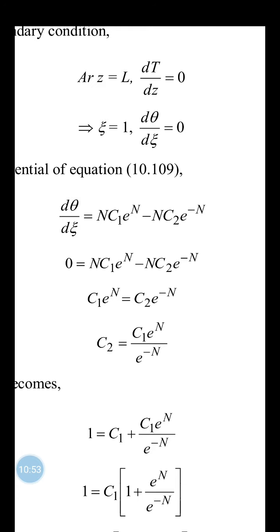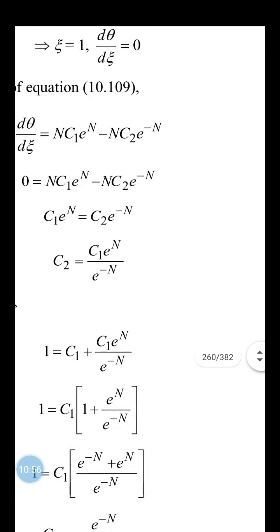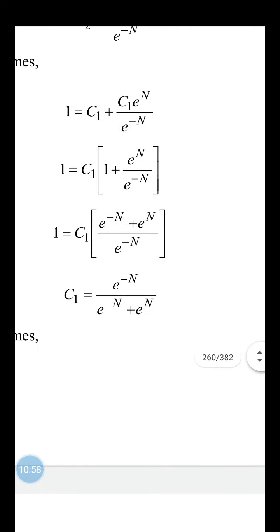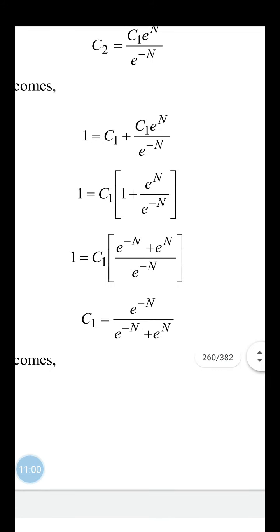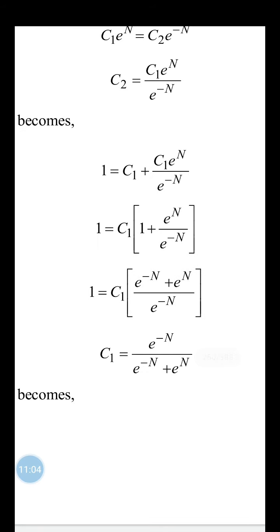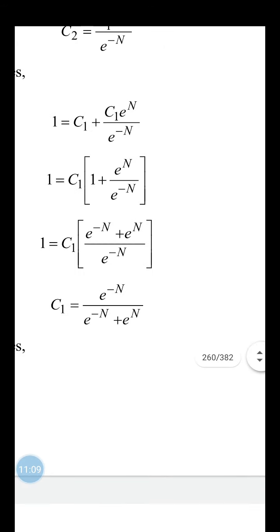Solve this and you will get c2 is equal to c1 e raised to n upon e raised to minus n. Again put this in c1 plus c2 is equal to 1 and solve. You will get the c1 value: c1 is equal to e raised to minus n upon (e raised to minus n plus e raised to n).